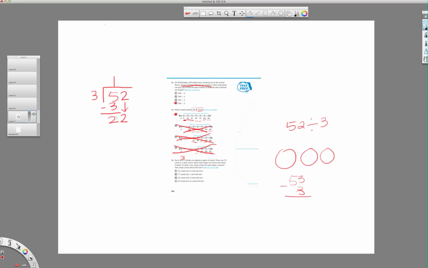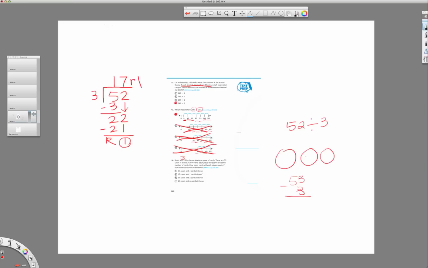So 3, 6, 9, 12, 15, 18, 21. So I counted by 3s 7 times. 7 times 3 was 21. That was where I stopped. So now when I subtract 22 minus 21, I have a remainder of 1. So my answer is 17, remainder of 1.